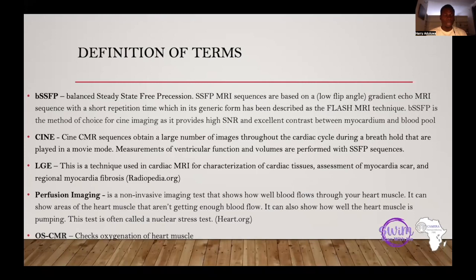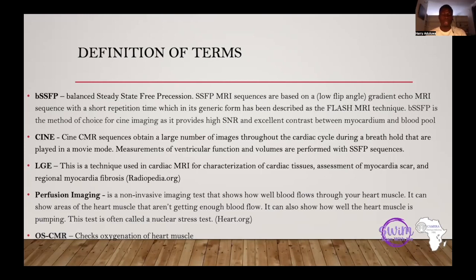Of all these things I have listed here, you could go to the last one, which is the oxygen sensitive CMR, which is one of the things you are going to be learning during this training. We are all aware of the perfusion MRI that has to do with blood flow within the myocardium, or the heart tissue. And depending on the indication you are working with, the radiologist can work out analysis of the blood flow within tissues.